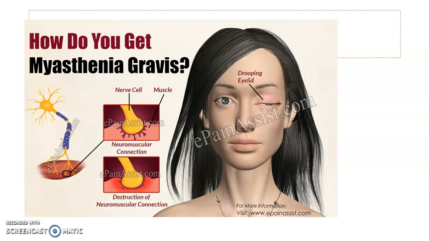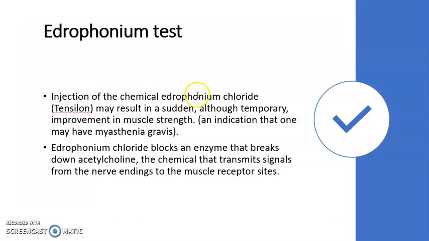So if giving edrophonium chloride increases the muscle strength in a patient, that is an indication that the patient has myasthenia gravis.